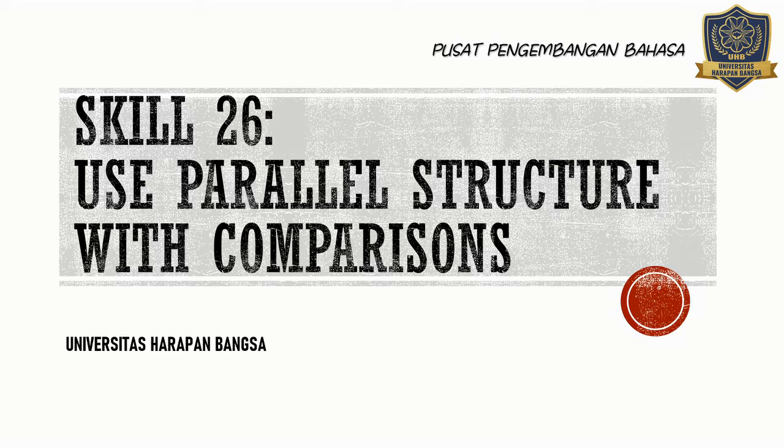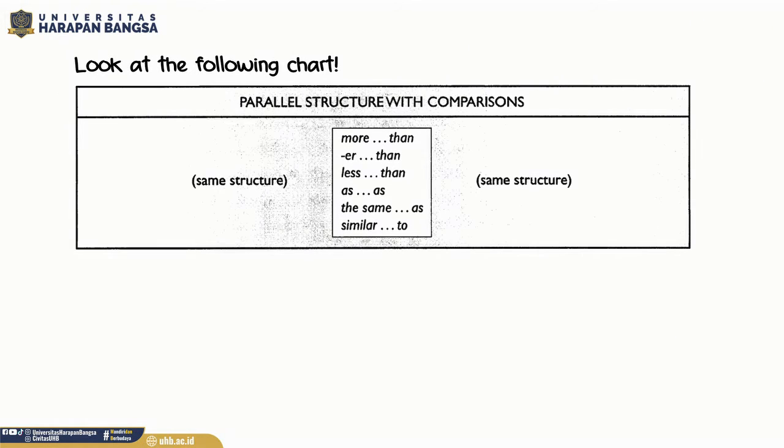Use parallel structure with comparisons. Okay, look at the following chart. So, when you make a comparison, you point out the similarities and differences between two things. And those similarities or differences must be in parallel form.